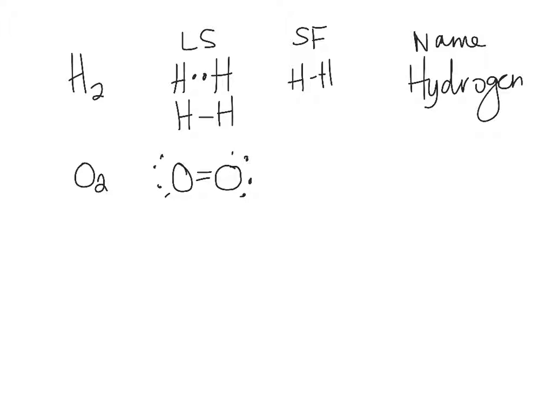So you could draw your Lewis structure like that, or like that. These electrons are spreading out so that the lone pairs are as spaced out as they can possibly be. So there's the Lewis structure for oxygen.